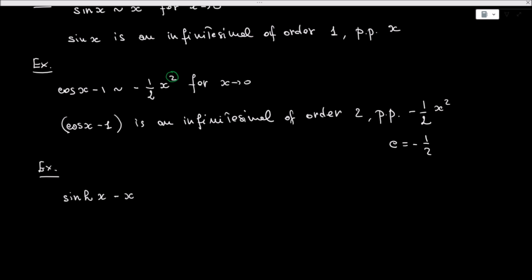And again, this is another function that tends to 0 for x that goes to 0, so it is an infinitesimal. Now, if we replace the hyperbolic sine of x with its Taylor polynomial, we know that the Taylor polynomial is x plus x to the cube divided by 6, and of course there will be plus x to the 5th divided by 120, and so on and so forth, minus x.